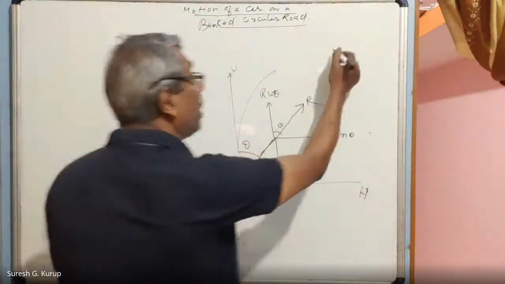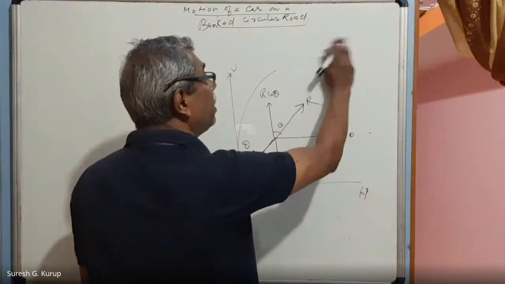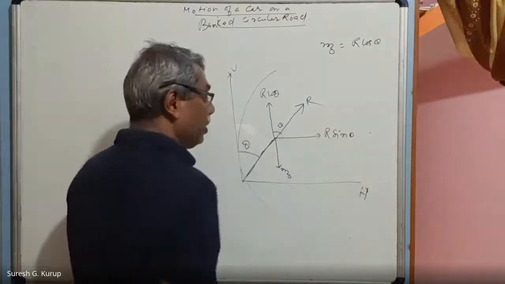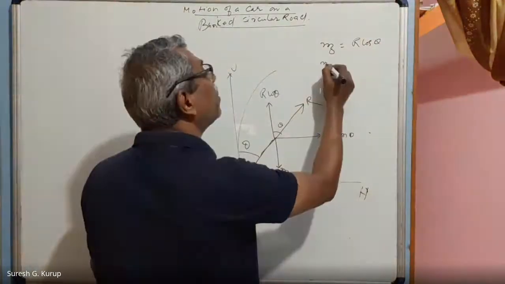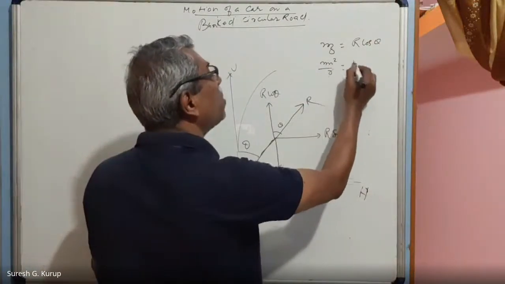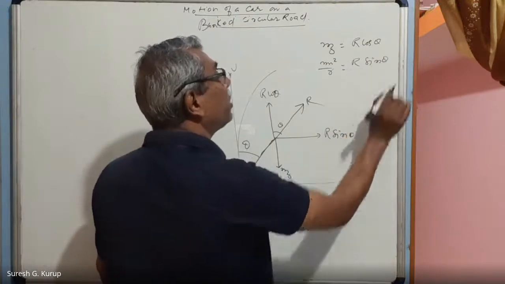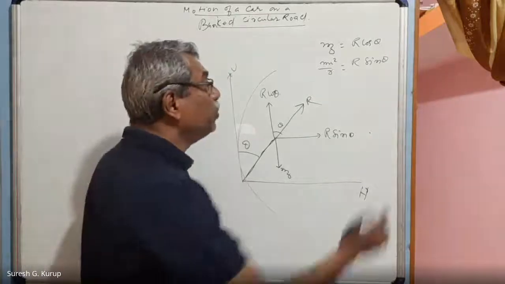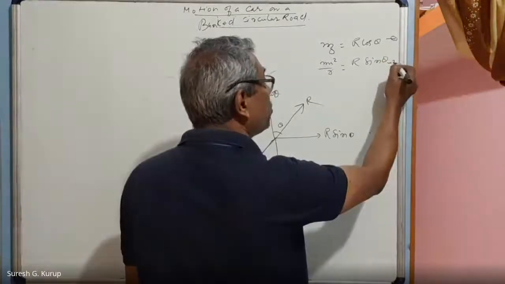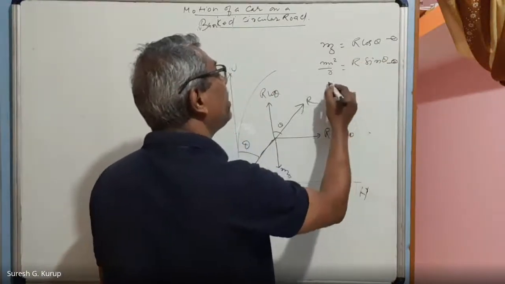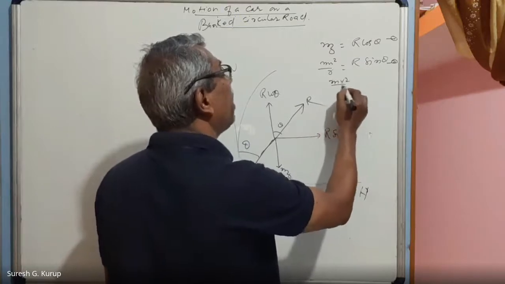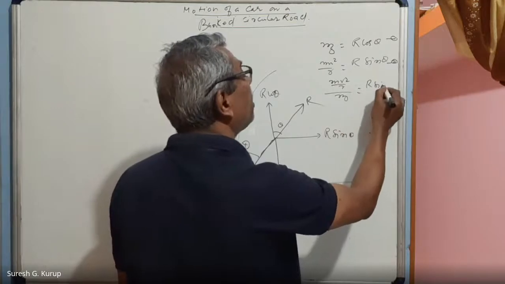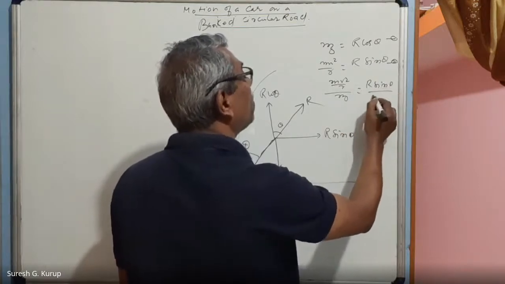I'll write here: mg is equal to R cos theta, and mv square by r is equal to R sin theta. Am I correct? This is equation number 1, this is equation 2. Dividing 2 by 1, we get mv square by r divided by mg is equal to R sin theta divided by R cos theta.